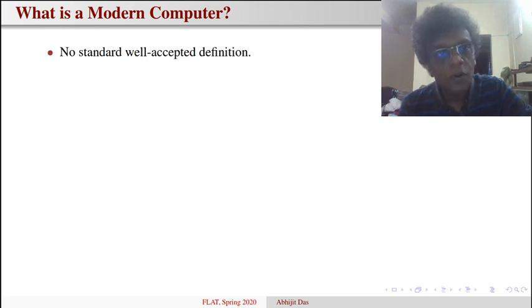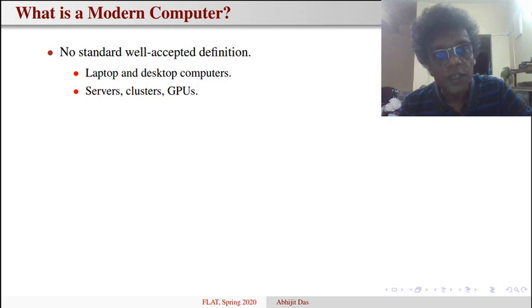Actually, there is no standard, well-accepted definition, and the reasons are like this. There are modern computers available in a variety of shapes and sizes, like the most commonly used laptop computers or desktop computers. And then we will also talk about servers, clusters, graphic processing units, and so on. We will even have supercomputers.